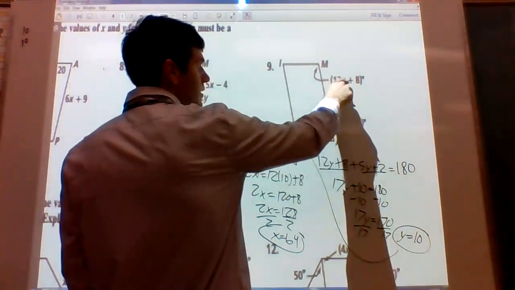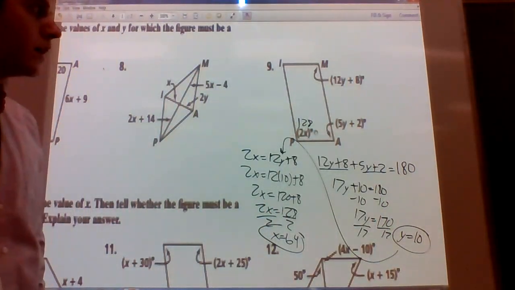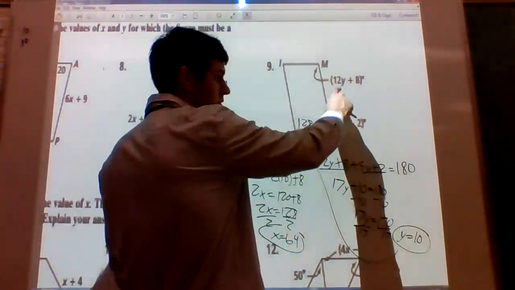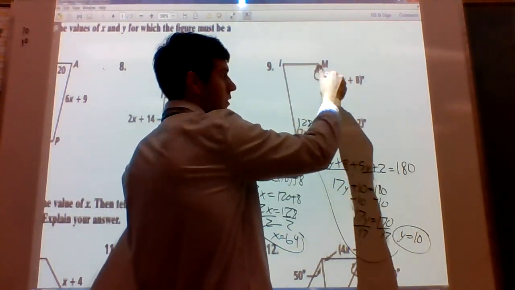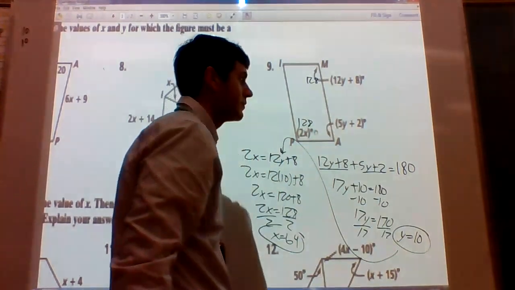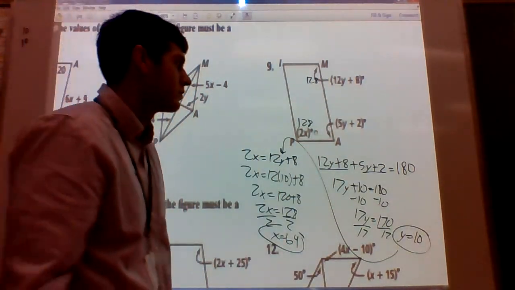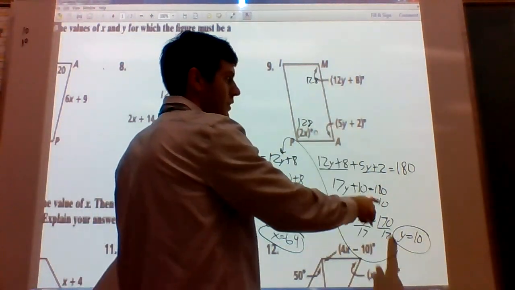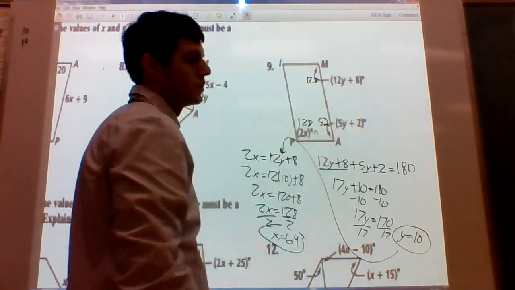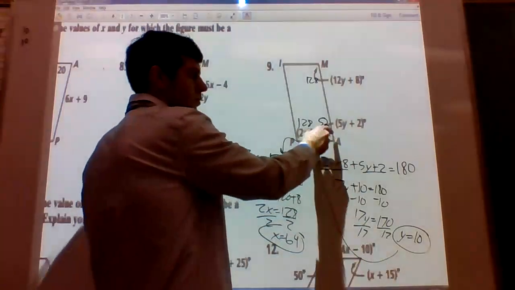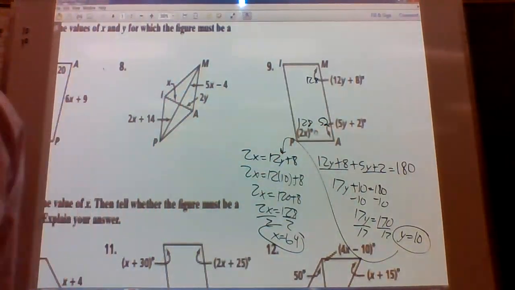So this one had better be 128. 12 times 10, right, y is 10. So 12 times 10 is 120. 120 plus 8 is 128. And 5 times 10 is 50. 50 plus 2 is 52. 52 plus 128 is 180. So everything checks out.